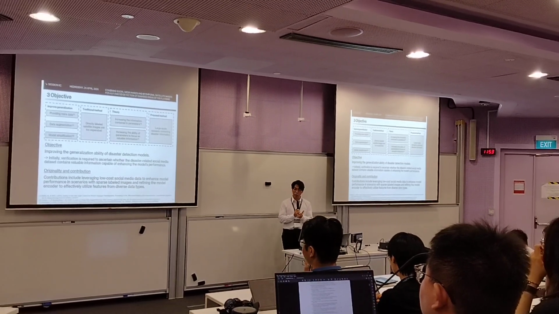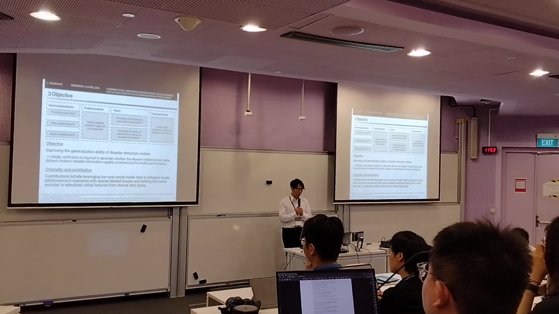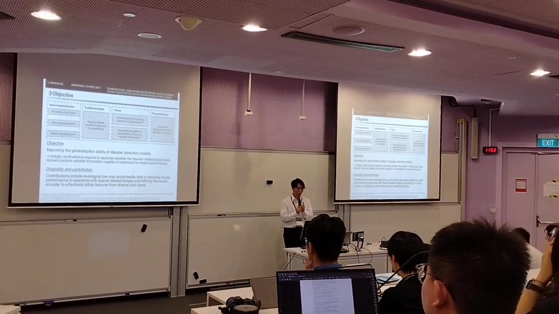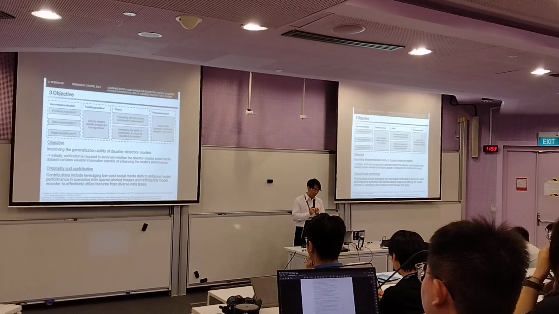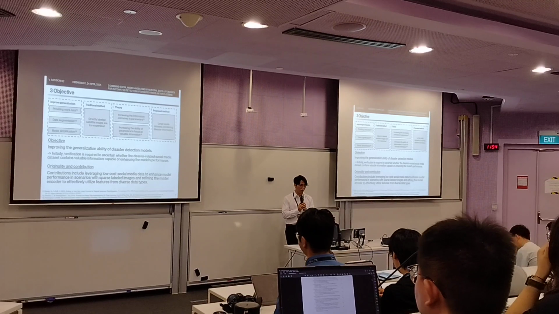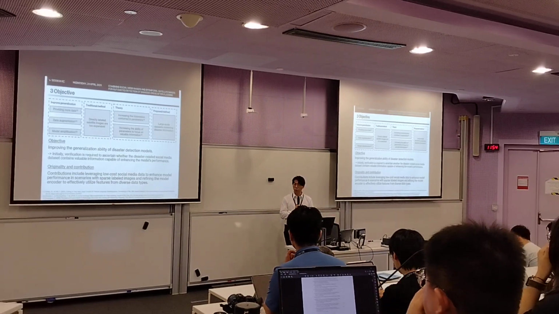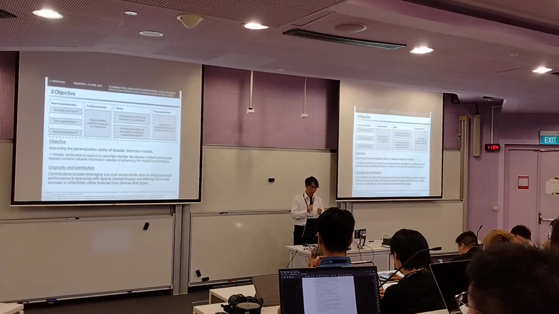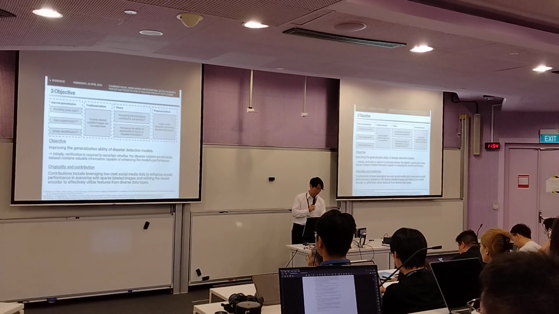So the objective of this study is to enhance the generalization performance of state-of-the-art change detection models in downstream tasks of disaster assessment. The contribution of the research lies in leveraging low-cost social media data to improve the model's capability to recognize disaster-related information.